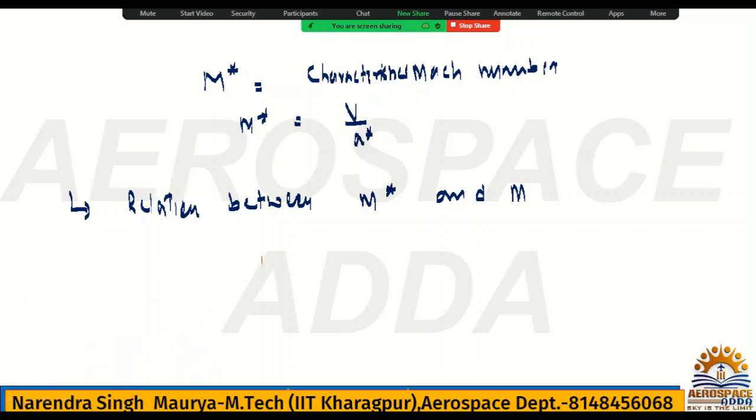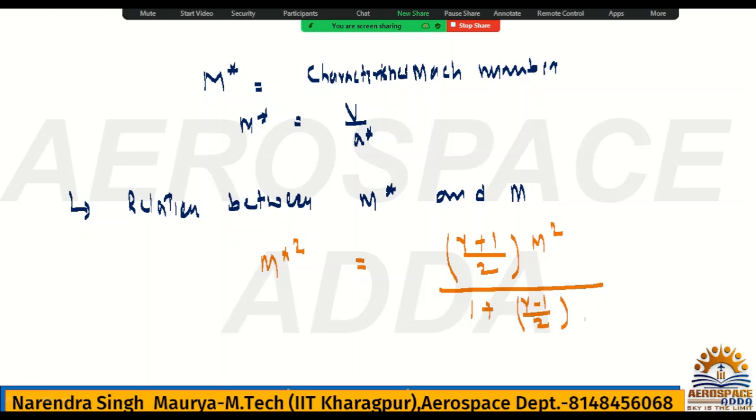This relation was M star square is equal to gamma plus 1 by 2 M square divided by 1 plus gamma minus 1 by 2 M square, or you can also write gamma plus 1 M square divided by 2 plus gamma minus 1 M square.